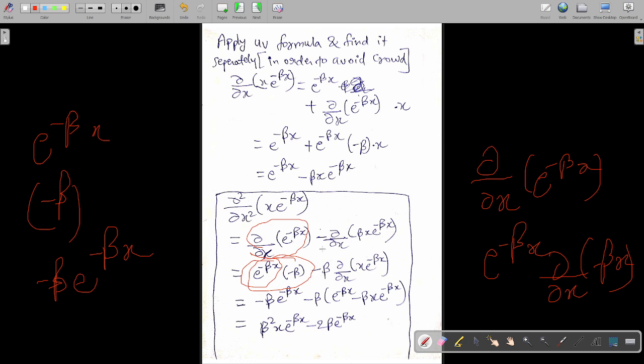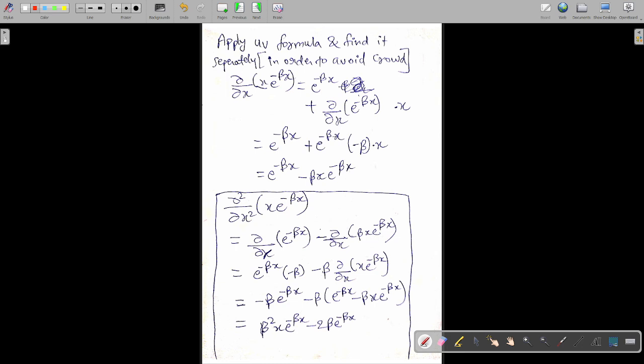And beta will come out of this differentiation symbol. So beta has come out clearly, and del by del x of x e to the power minus beta x, this term over here, has been already found out over here.